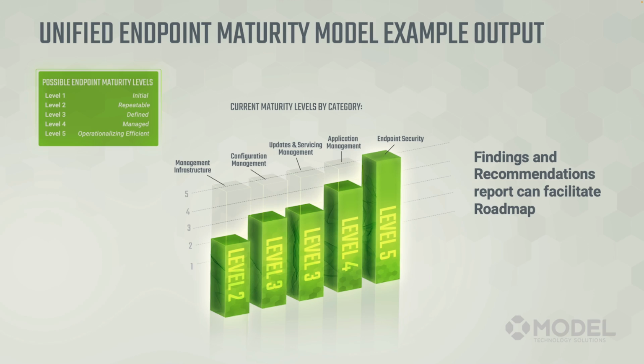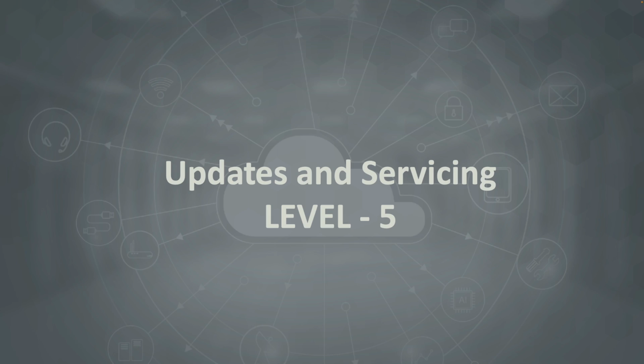So in this example here, updates and servicing is a level 3, endpoint security is a level 5. Maybe your entire holistic endpoint security needs to be a level 5. So this maturity model roadmap can assess where you're at and give you tangible next steps to move your maturity model from a 3, in this case, to a 4.